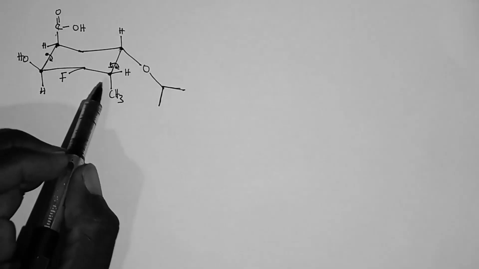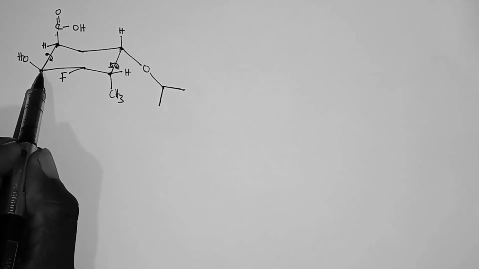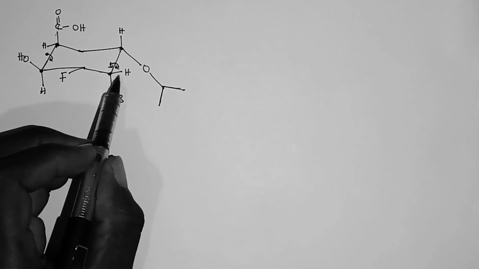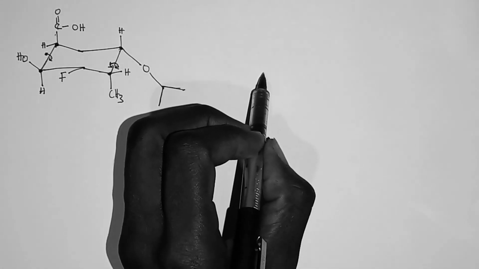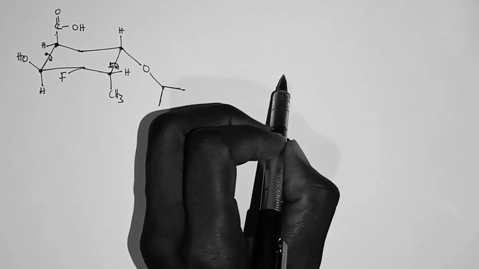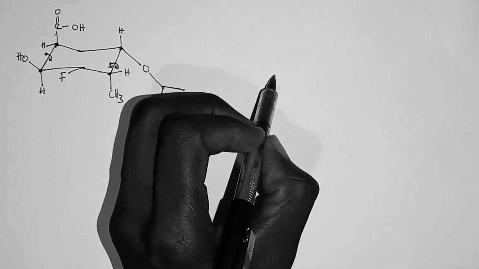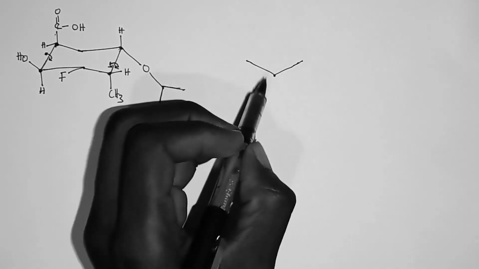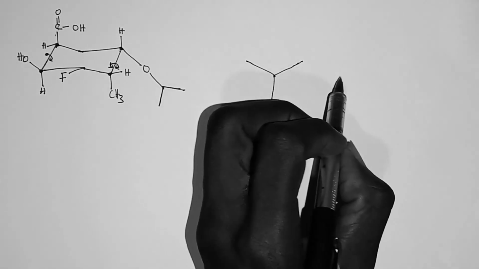So now you can see that this looks in the form of Y, the carbon in front here, and the one here also looks in the form of Y. So what we need to do in drawing the Newman projections, let me draw the Newman projections here, is draw a Y here, and this is the carbon in front, which is this carbon.